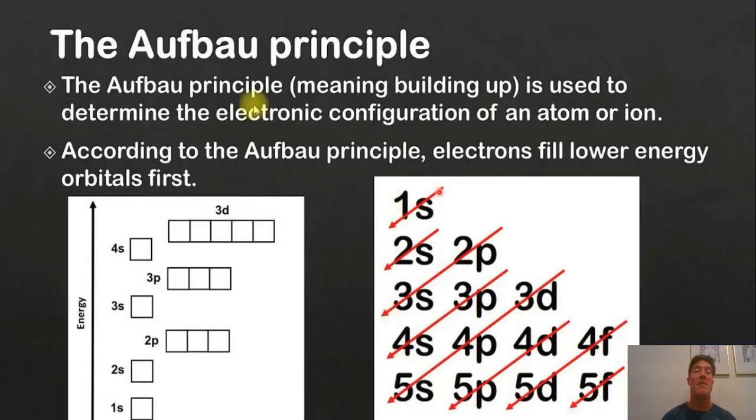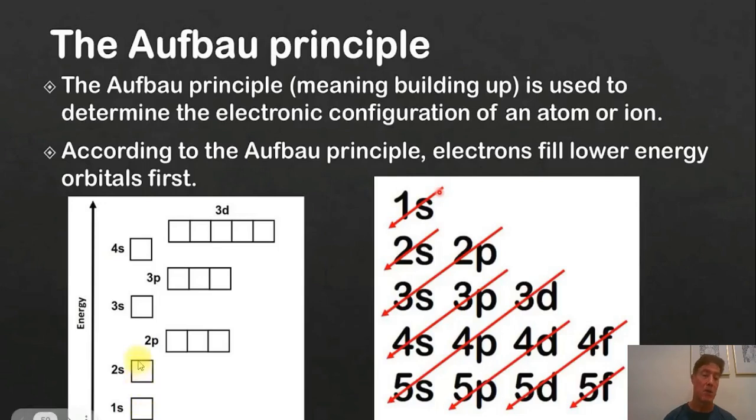So the Aufbau principle is used to determine the electronic configuration of an atom or ion. According to the Aufbau principle, electrons will fill lower energy orbitals first. So we'll start here, we'll put one electron here, and then another electron here. They'll have opposite spins, as we'll see, because of the Pauli principle.